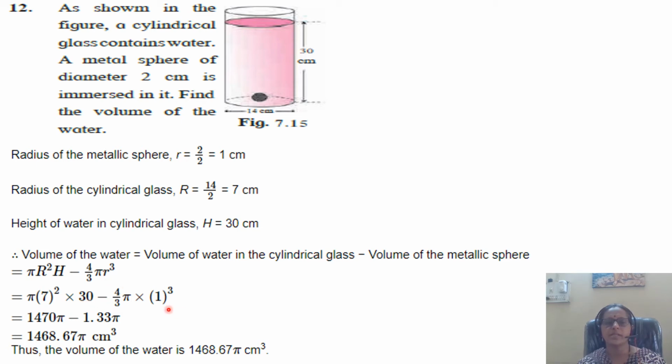Then radius here is 1 centimeter. Calculate it in terms of pi, or you can substitute the value of pi in the last step also, or write the answer in terms of pi as per the instructions given in the question. So it is 1468.67 pi centimeter cube volume of water.